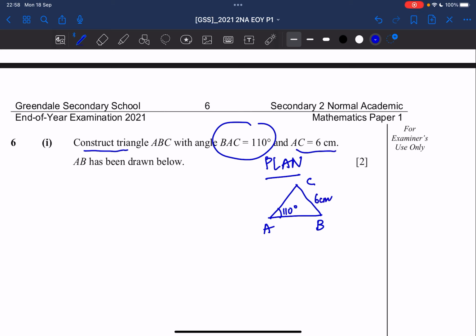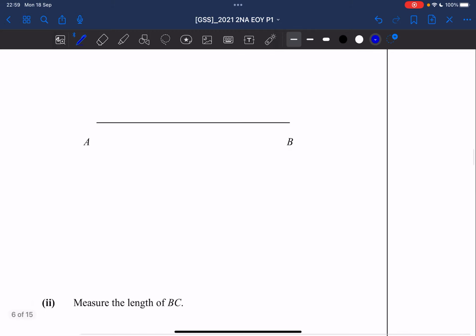What you need to do is measure this first. From AB, you use your protractor to measure the angle. Then after that, you use your compass to measure 6 centimeters. This one I'll go through in class for this question.